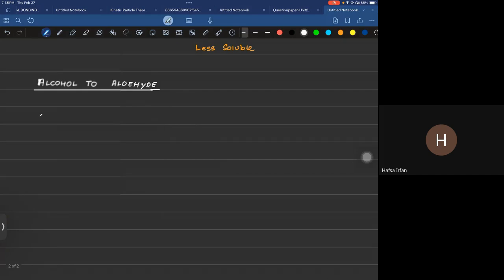So if you're going to take 1 degree alcohol, so you are going to add any oxidizing agent.